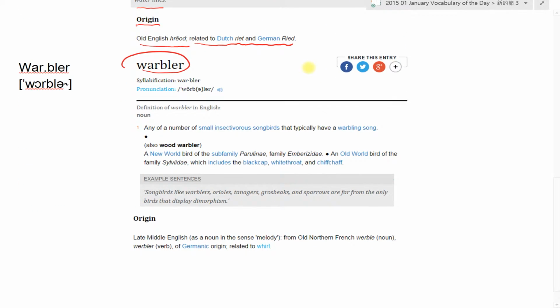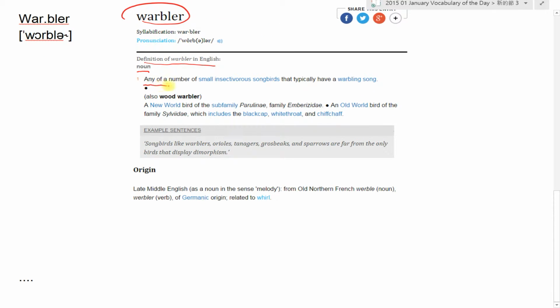Warbler. Definition of warbler in English. Noun. Any number of small insectivorous songbirds that typically have a warbling sound. Also wood warbler, a New World bird of the subfamily Parulini, family Emberizidae, an Old World bird of the family Sylviidae, which includes the blackcap, whitethroat, and chiffchaff.